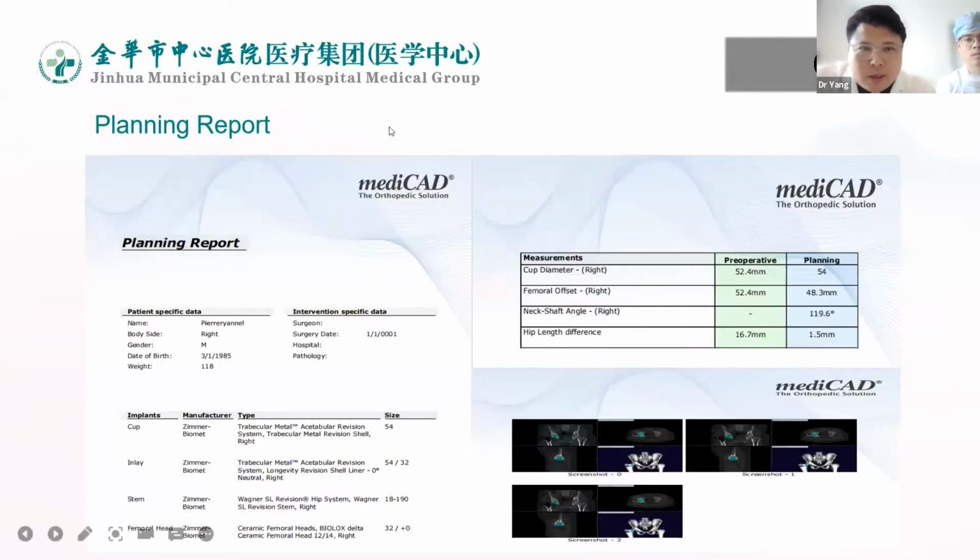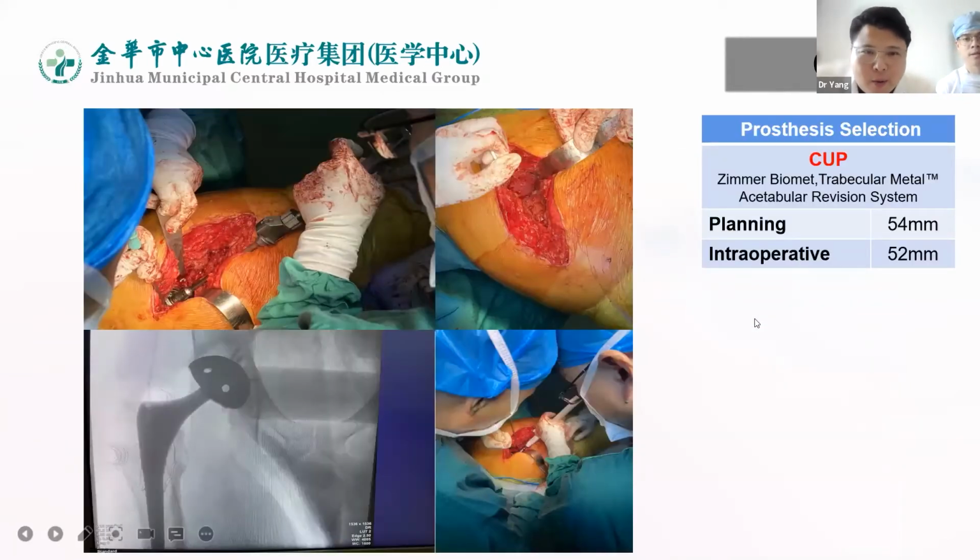And we did the templating using mediCAD. We planned the cup. The diameter in the pre-operative planning is 54, and then we did the operation.